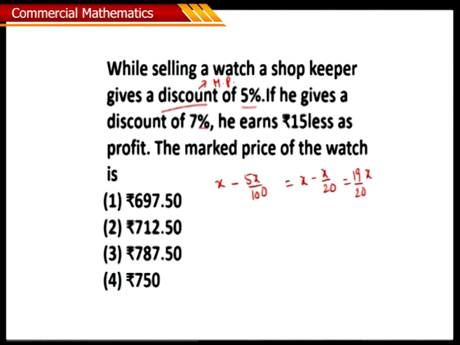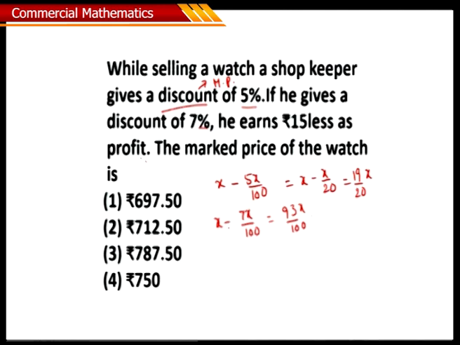On the other hand, suppose a 7% discount is given, then the selling price is 93x by 100. So how do you calculate the profit?